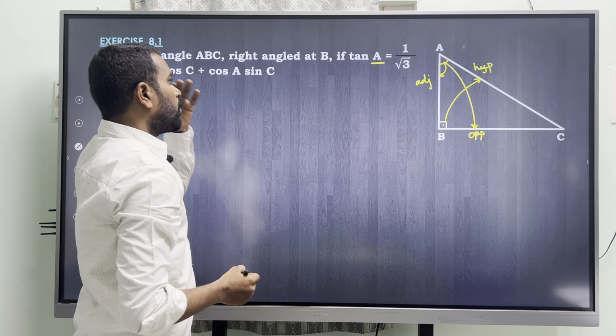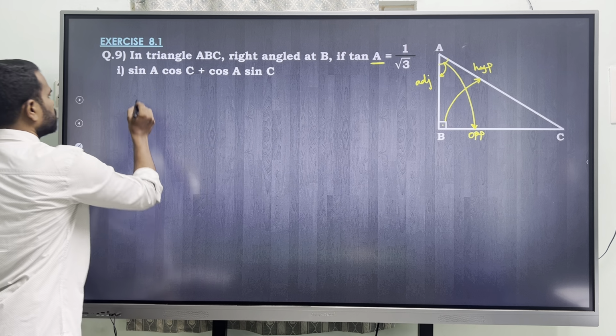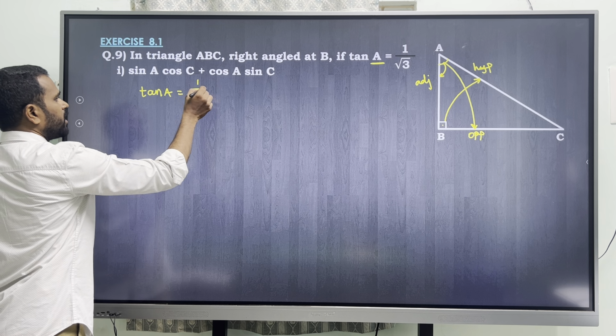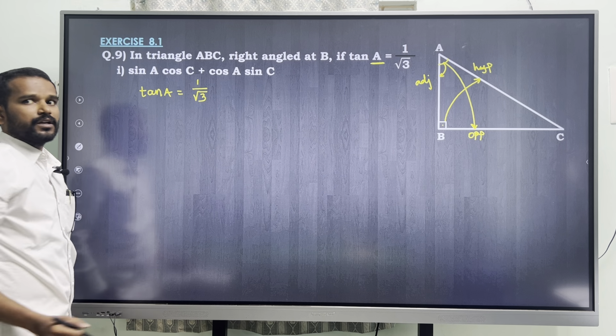Now what is given? Tan A is given as 1 by root 3.